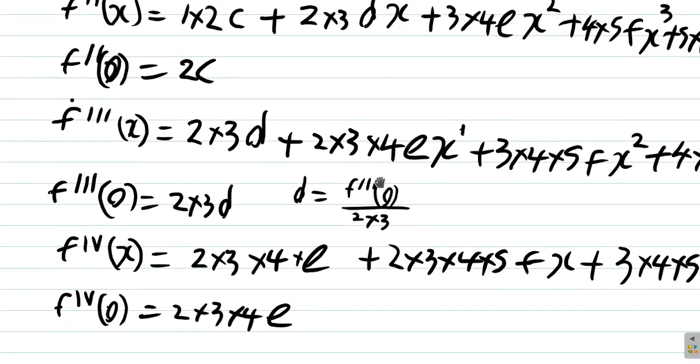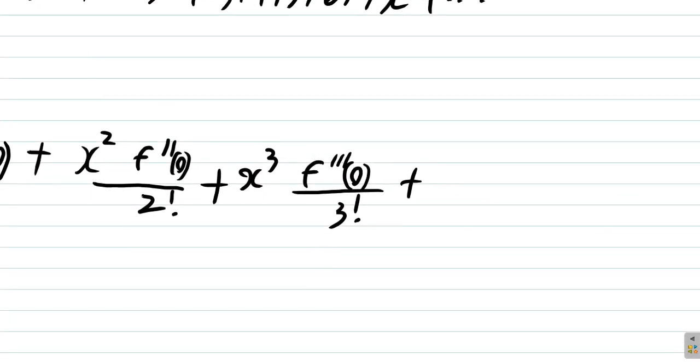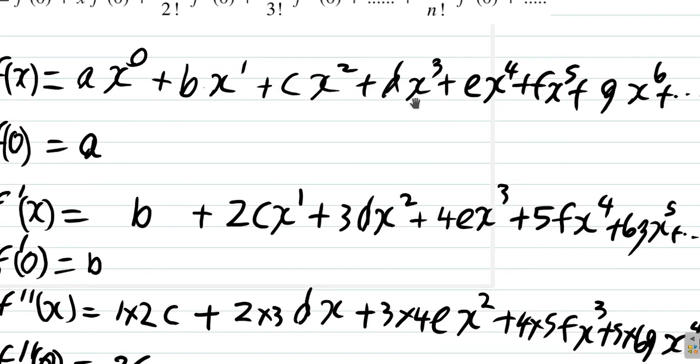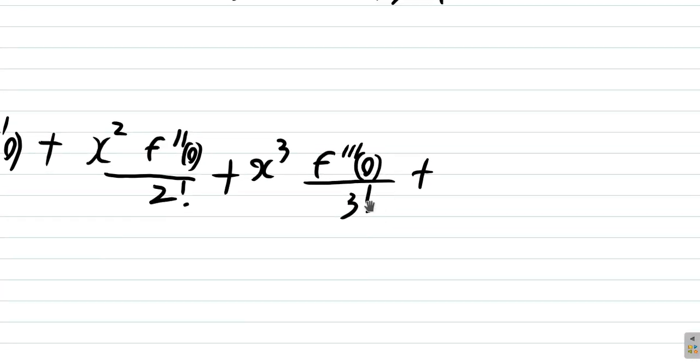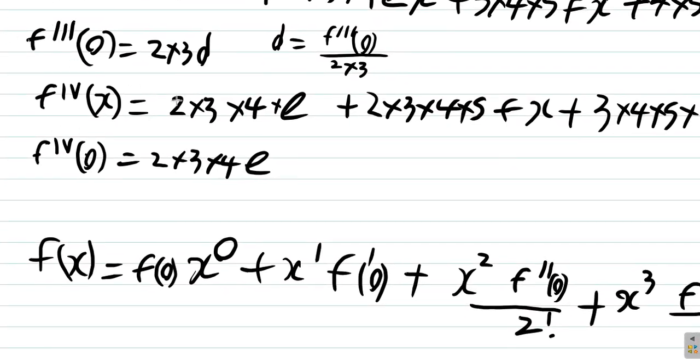We had up to the fourth derivative, so let's put that in. The next thing was e x to the 4th, so we have x to the 4th e. But what is e? If we transpose for e, we have e equal to f fourth prime of 0 over 2 times 3 times 4.